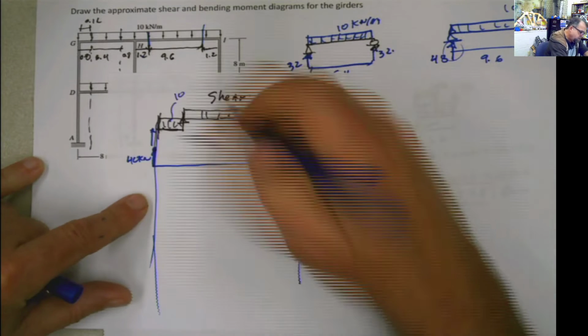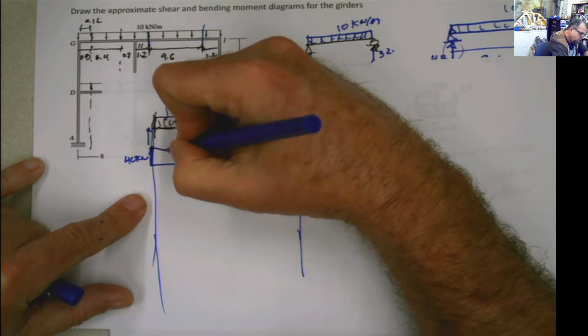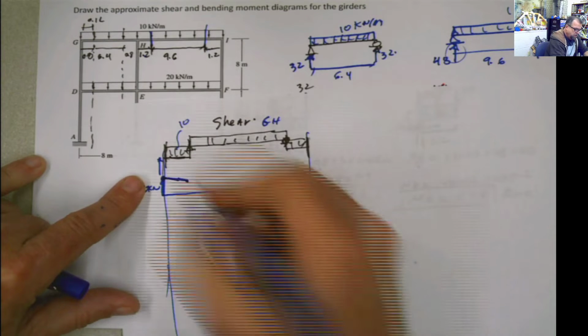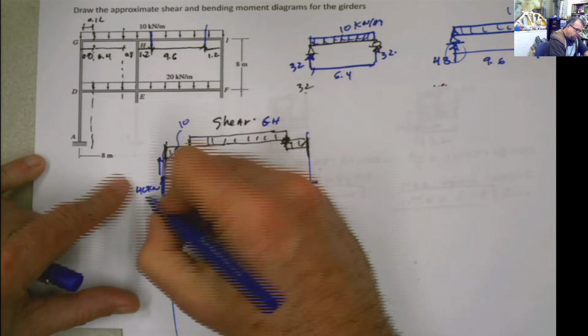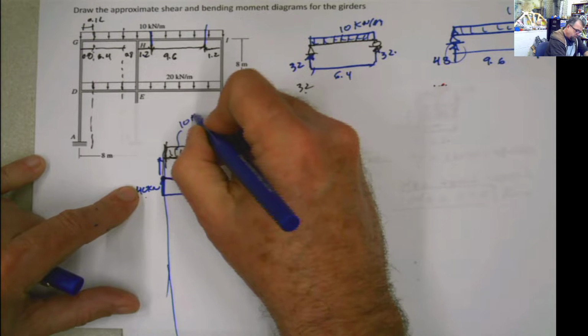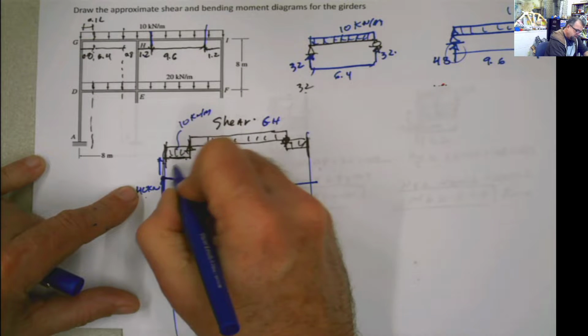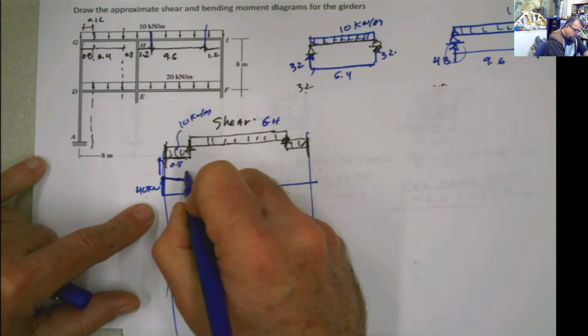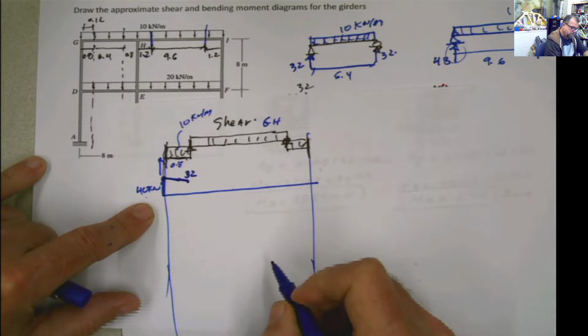So it's going to come lower, down to that point, which is 40 minus 10 kilonewton per meter times the distance 0.8, so it's going to be 32. It's going to come down to 32 right there.